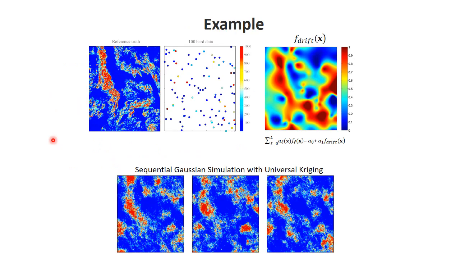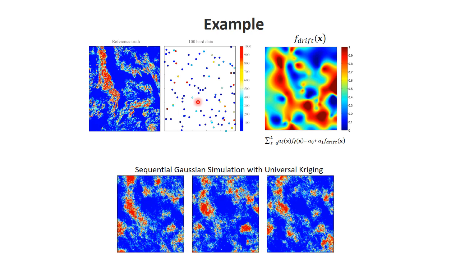So here's a simple example, and we'll talk more about that in the SGeMS tutorial on SGSim. We have a non-known reference truth, with some data extracted from it. We may have some external drift, so I can do universal kriging. Now I do sequential Gaussian simulation, which means that I visit a location, I search locally the neighborhood, I do a universal kriging at that location, then I have a kriging mean and a kriging variance.